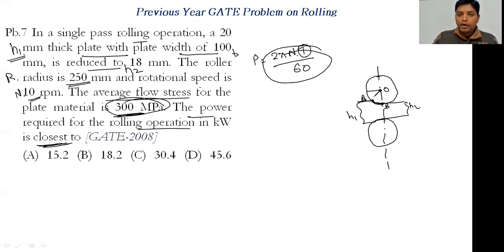Now at this point, as I have already told you, this is the bite angle. The value of alpha is already very small, generally less than 15 to 20 degrees. So this projected arc is already very small. In this small portion the force is like this, and from the other side there is a reaction force. This is a roller and this is the sheet. When the sheet moves in this direction, because it is decreasing in length, definitely it will apply some force on it.